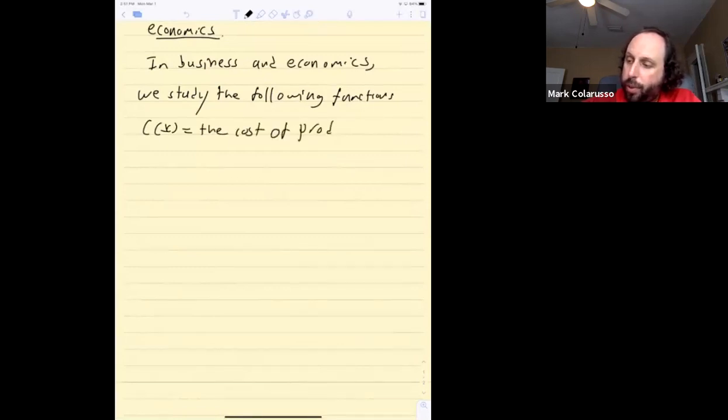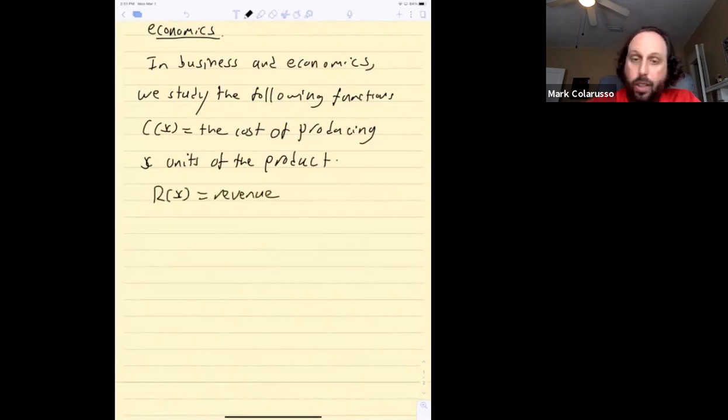So it's the cost of producing X objects or X units of the product. So this, of course, would be something you'd want to minimize in applications. R of X is the revenue generated by selling X units of the product.